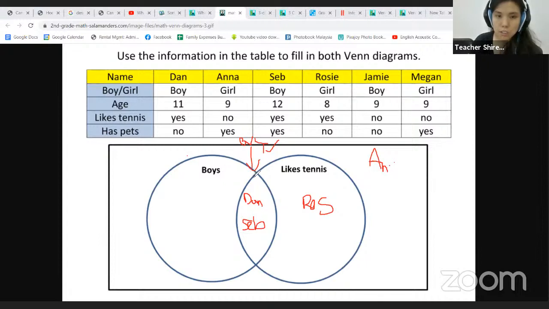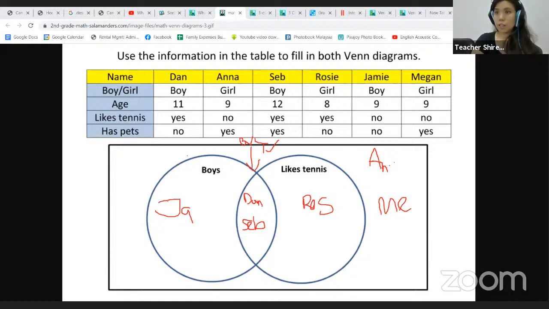No, no tennis. A boy that doesn't like tennis is over here. There's Jamie. Okay. Megan. Megan is not a boy. Does she like tennis? No, she doesn't like tennis either. So Megan is outside. Do you understand how to read the chart now? Understand?